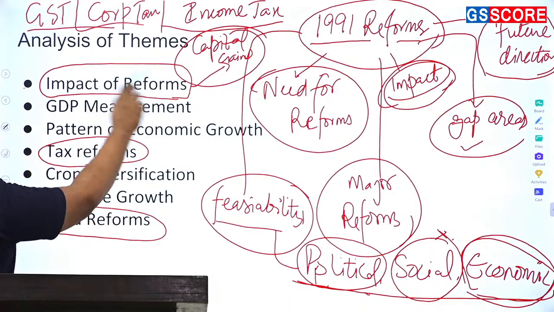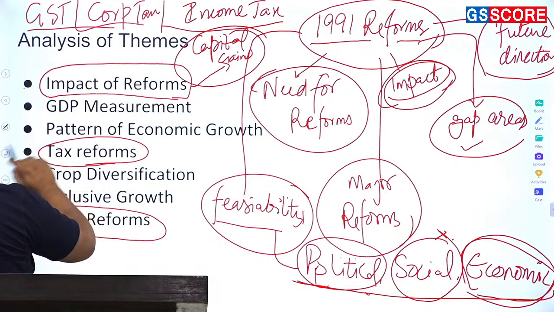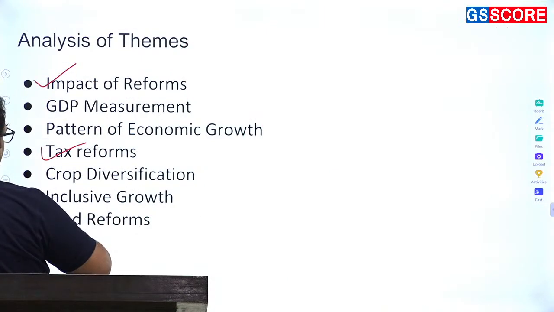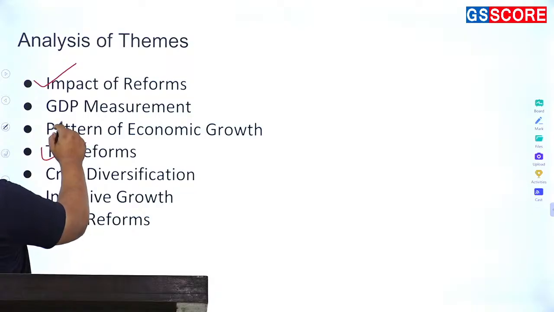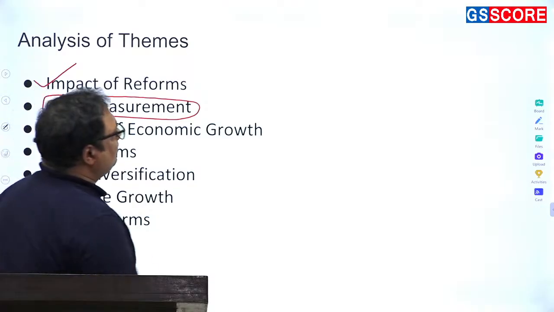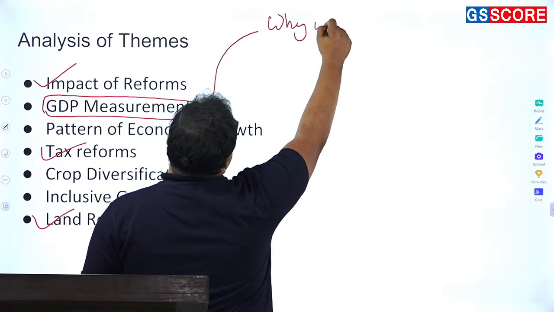Now, let me erase this. Okay, so this we have done, land reforms we have done. Now, what are the others? GDP measurement. Why do we measure?